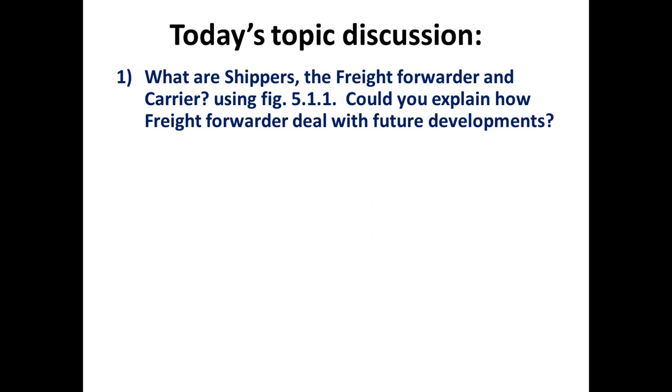However, in terms of freight forwarder, you can use figure 5.1.1. When you go to figure 5.1.1, freight forwarder is the middle one. On the left hand side of this figure you can see shipper, and on the right hand side you can see carrier. So this is just asking for a definition.